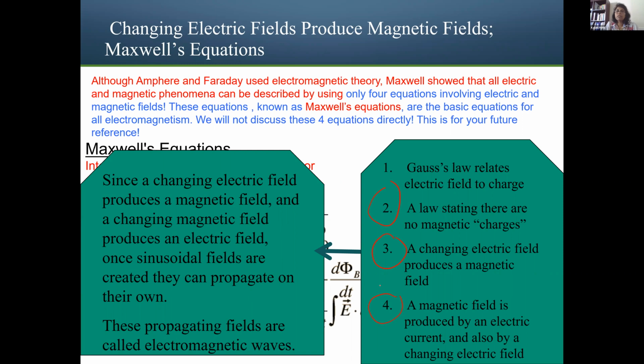Because of that, electricity and magnetism travel together as electromagnetic waves that can propagate through our environment. This propagation of electric and magnetic waves together we call electromagnetic waves.